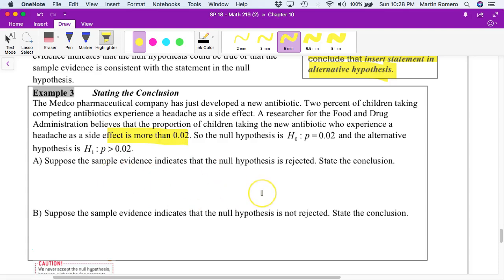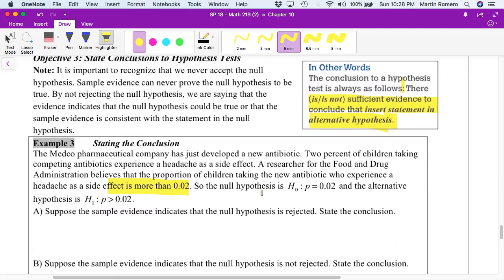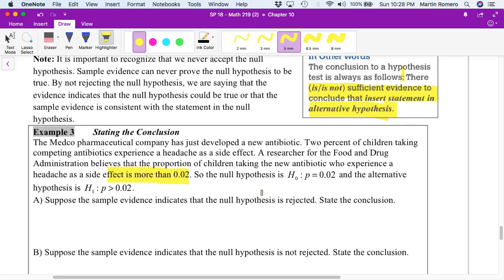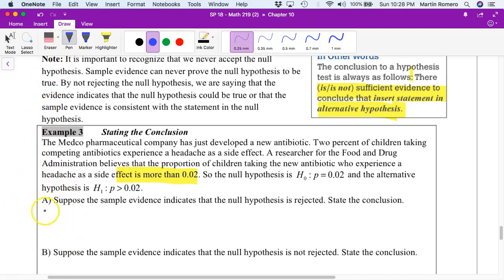Suppose the sample evidence indicates the null hypothesis is rejected. So what statement would we write here? You collect data, and then you have enough data to say the null hypothesis is rejected. What we're going to say is: since we reject the null hypothesis, H0, there is sufficient evidence to conclude that the proportion of side effects is more than 2%.